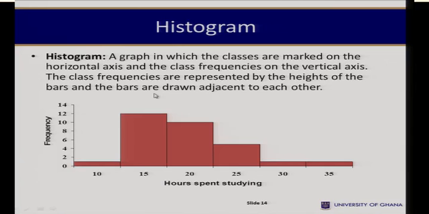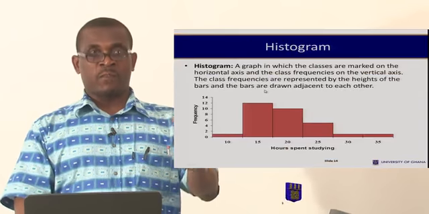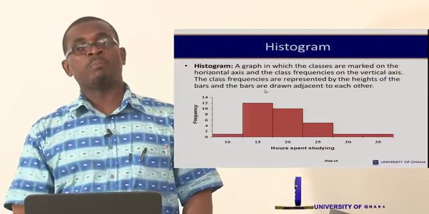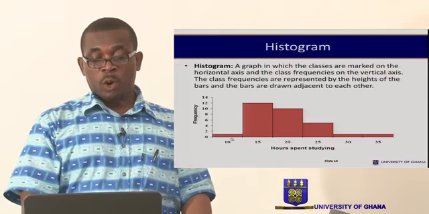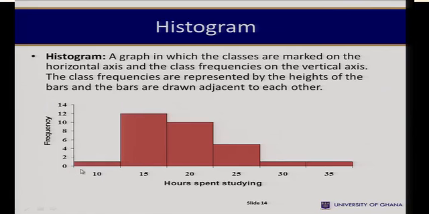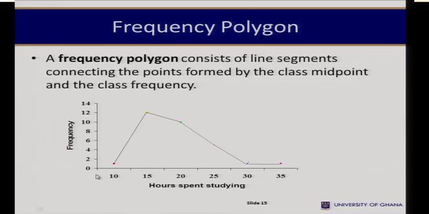Now, based on our frequency distribution, there were 2 columns. We indicated a column for the classes and then a column for the frequencies. So the column for the classes is represented on the horizontal axis, as you can see. What we've indicated as numbers are basically the class midpoints.